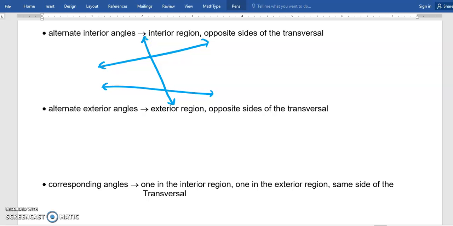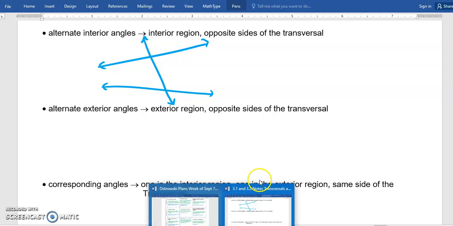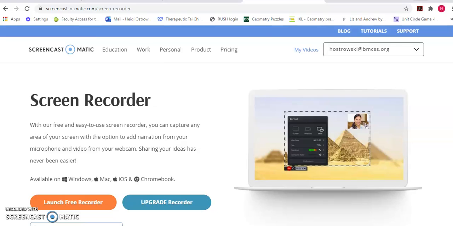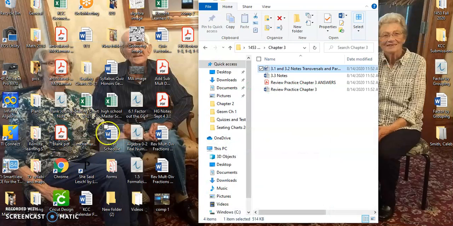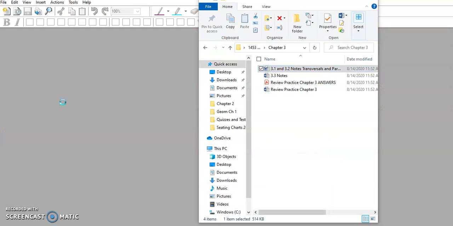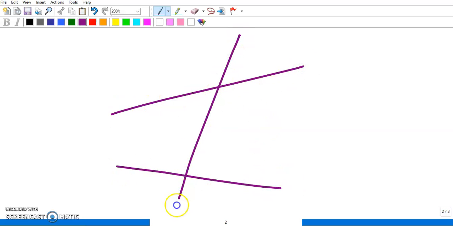Actually, here's where I want to go. Let me just jump a little bit here. Okay, so I've got two lines, I've got a transversal. Here's the vocabulary that goes with this picture.